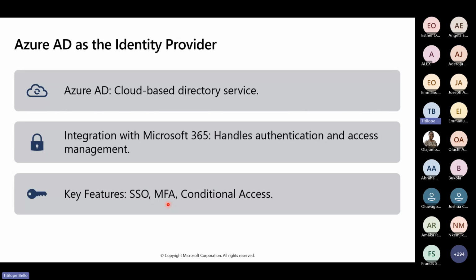Every time you want to carry out a transaction, it will ask you for a token, a one-time password that you can use to further validate that you are the one that logged in to that platform to perform a transaction. That is the same way MFA, or multi-factor authentication, works in Microsoft 365.